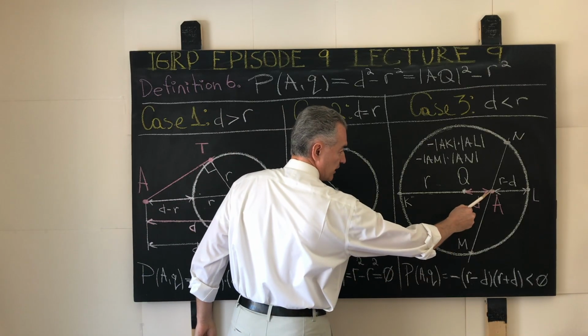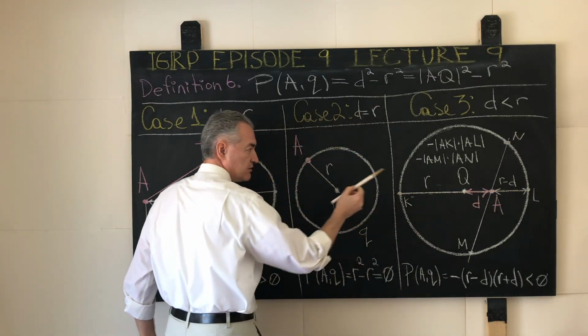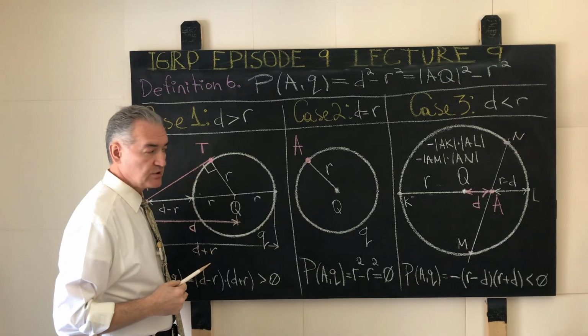But in this case, because our point is located here, it will define a chord. In this case, it will be a diameter, the way we portray it over here.